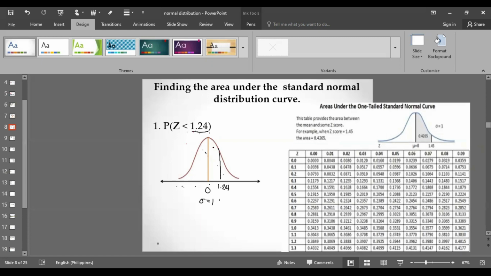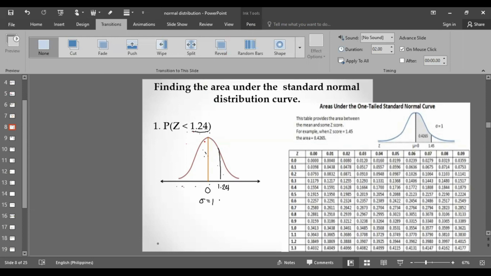the shaded region goes to the left. So it goes like this. And we're going to find the area of this shaded region. Take note that whenever the area of interest straddles the mean, as in this situation, there will be two regions, A sub 1, A sub 2.